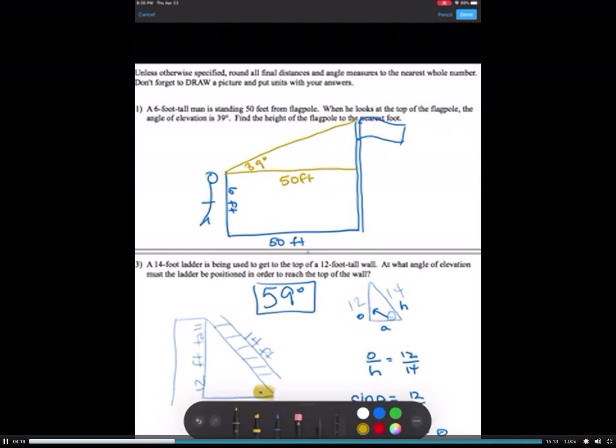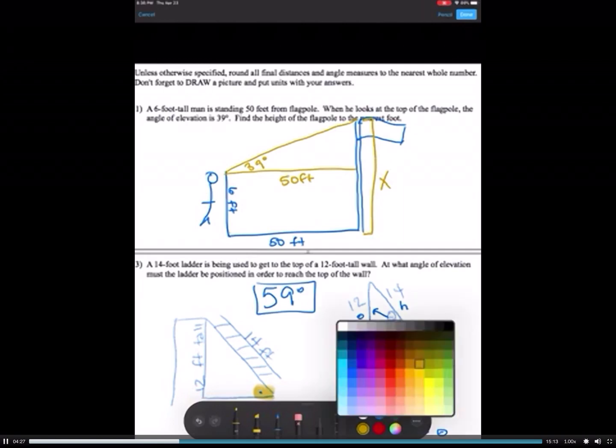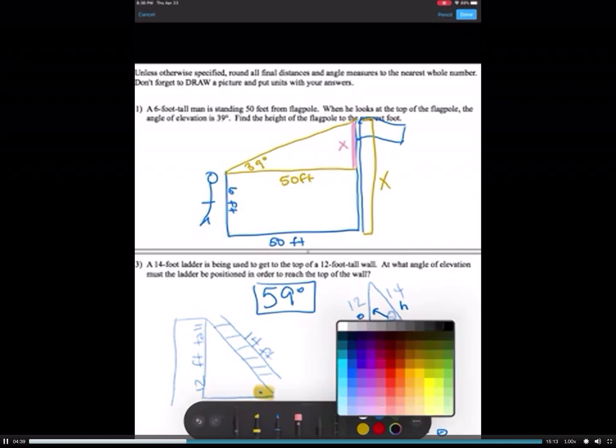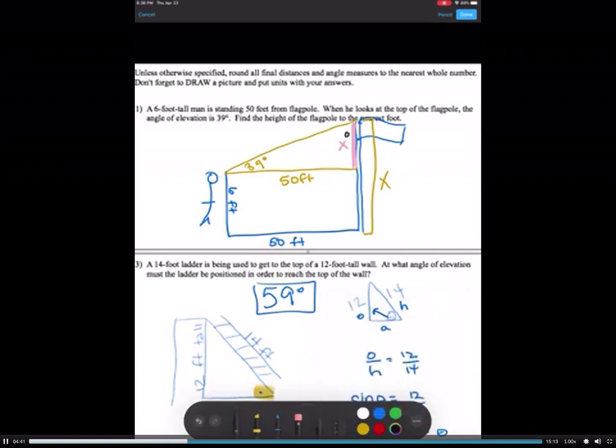I'm looking for the height of the flagpole. That's my X. But in order to find that, I need to first find this part. So this is the X that I'm going to start with in my equation. And as I label those sides, I've got opposite and adjacent.